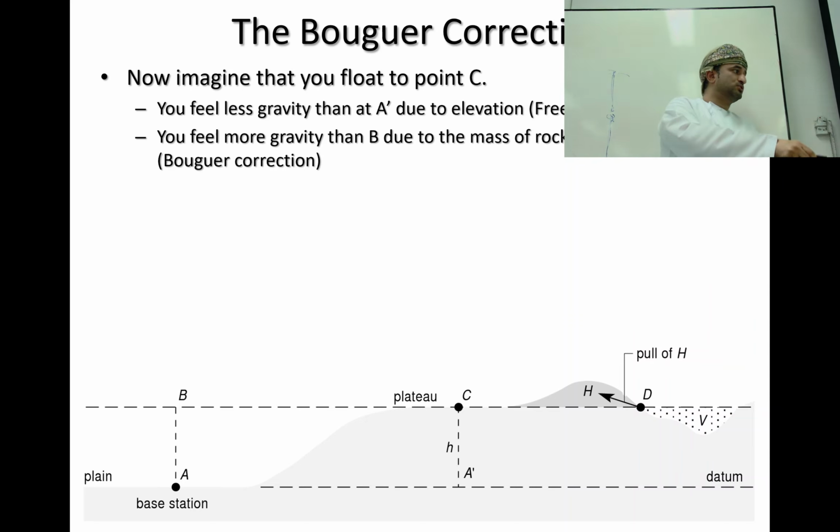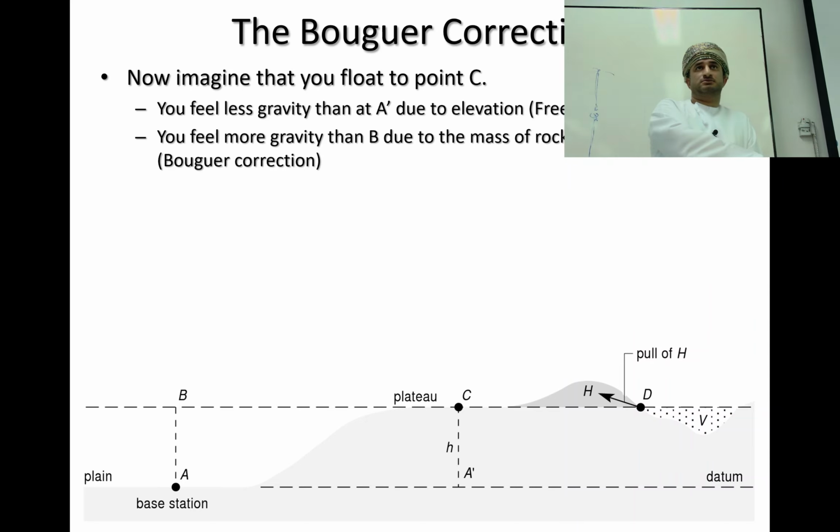What happens because I move to point C? What happens to the gravity? It decreases for one reason, and increases for another reason. The other reason is that there is extra mass.